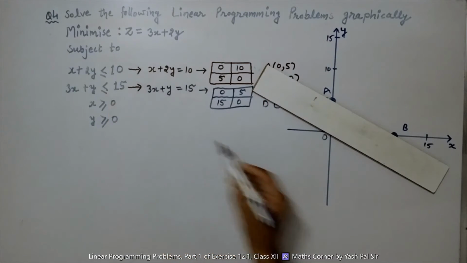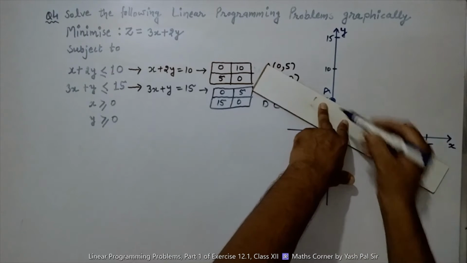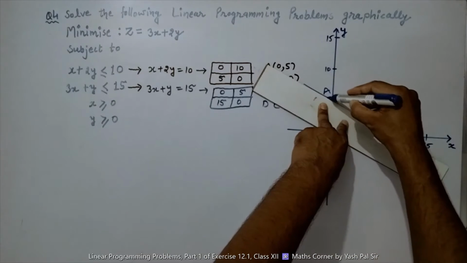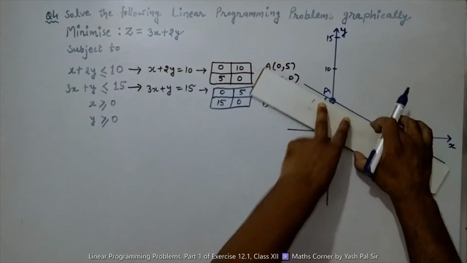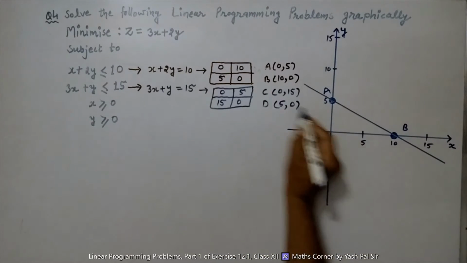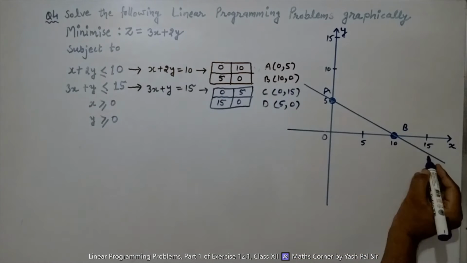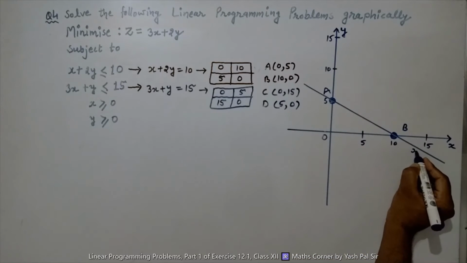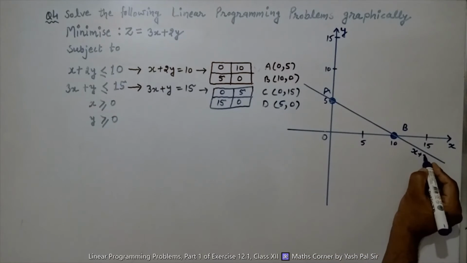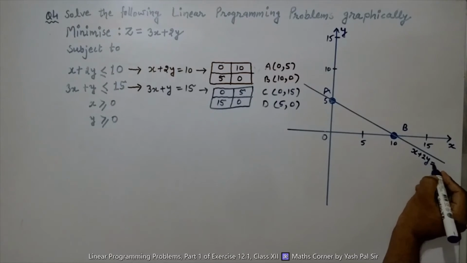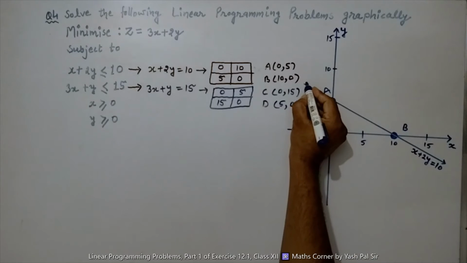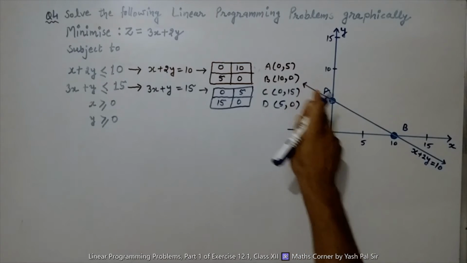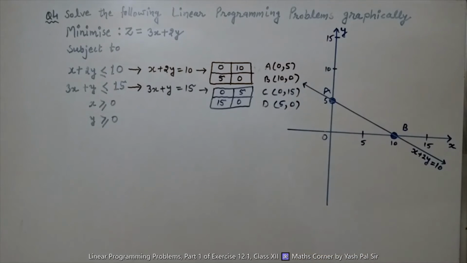Because of this equal to sign, we use a dark line. Right? First of all, we write the name of this line. The name of this line is x plus 2y is equal to 10. We put an arrow mark at both sides of this line because it can be extended in both directions.